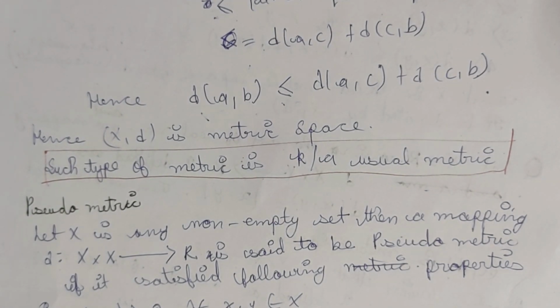All the other properties are the same. Then X is known as a pseudo metric space with respect to d.